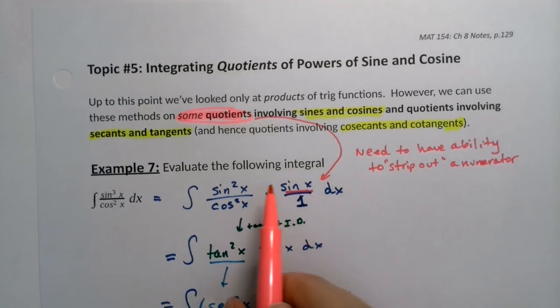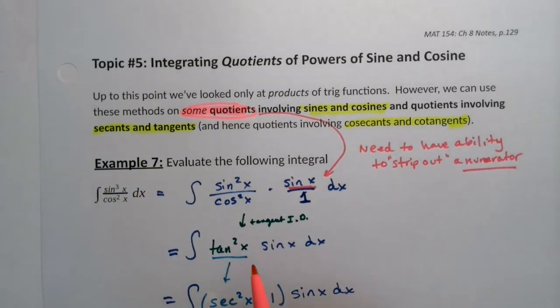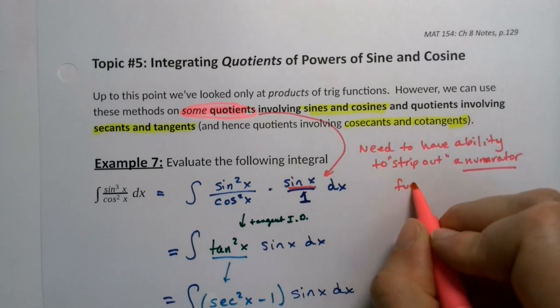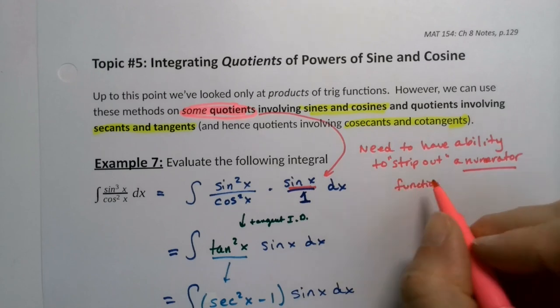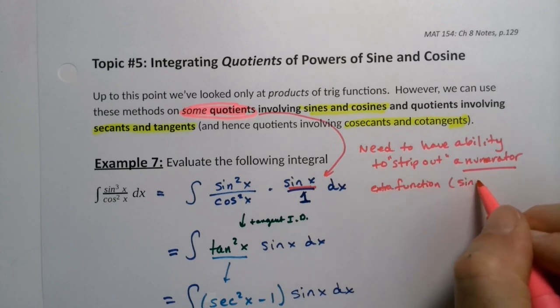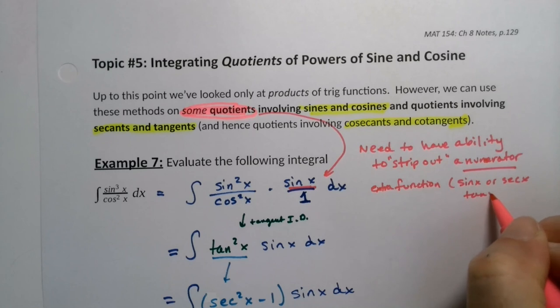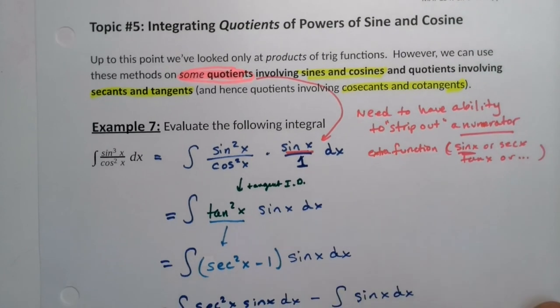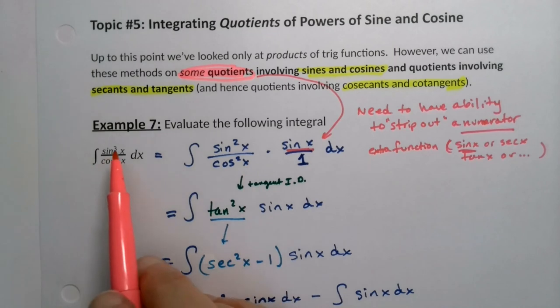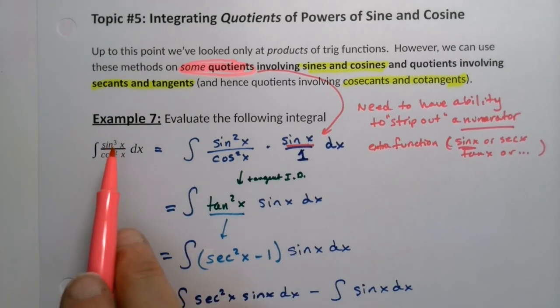That extra sine, we pulled it out of the numerator, and it has to be in the numerator to make it work. An extra function, such as sine of x, or secant of x, or tangent of x, or something like that. In this case, we did sine of x. But it has to be in the numerator in order to make it work. If it was in the denominator, if it was sine squared over cosine cubed, it wouldn't do us any good.